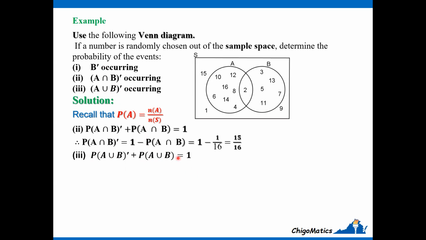So what I wanted you to take note of, once you are talking of the complement, you write the complement itself, right, plus the probability of the inside, the union. As you can see in B, we did the same, probability of the complement plus probability of B. Here, we did the same, the fact that we want the intersection, so the probability of the complement of the intersection plus the probability of the intersection, which is what we still have here.